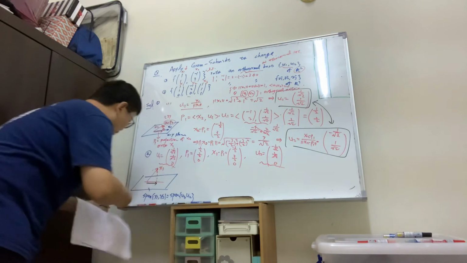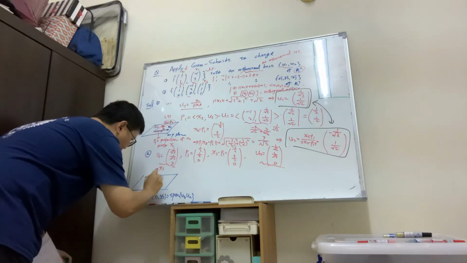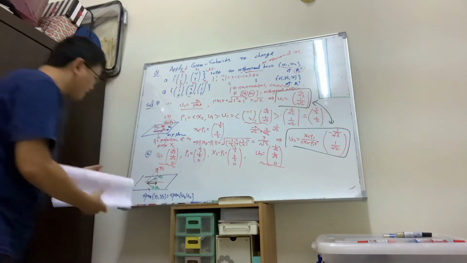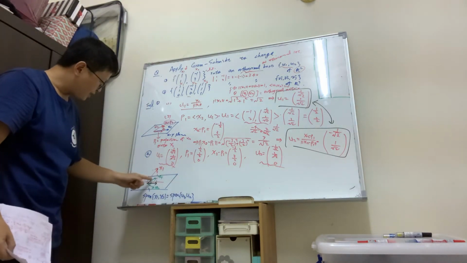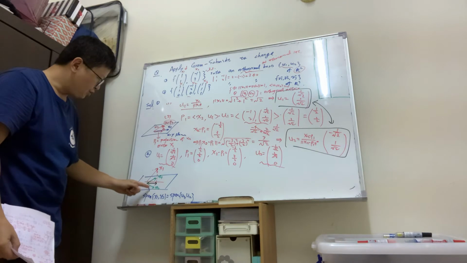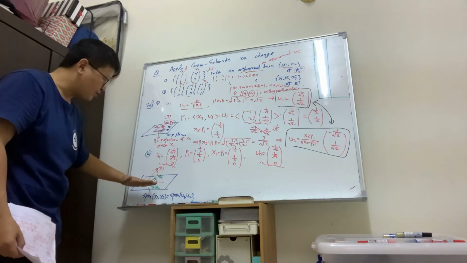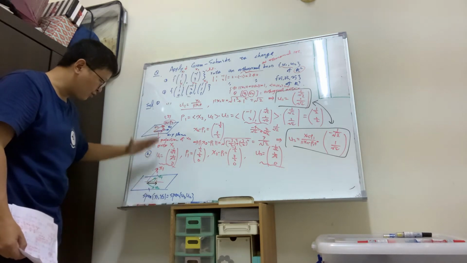Probably S1 is here, probably S2 is here. So you could not just consider the projection onto S1 or the projection onto S2. You should consider the projection onto the spanning set of S1 and S2. So how do we compute the projection onto S1 and S2?